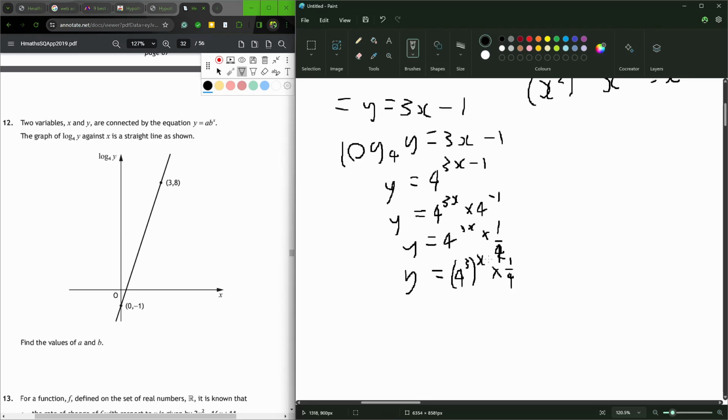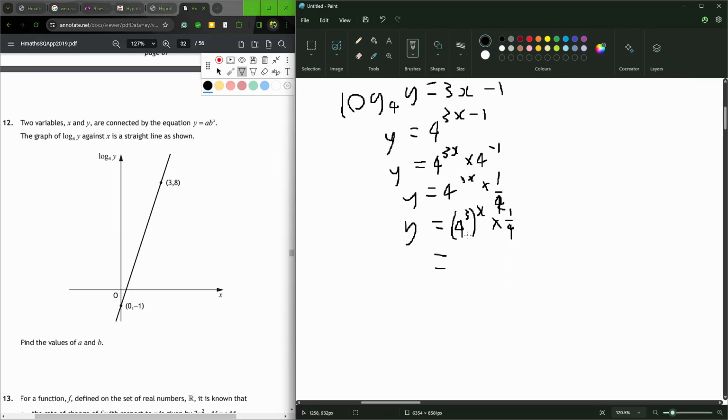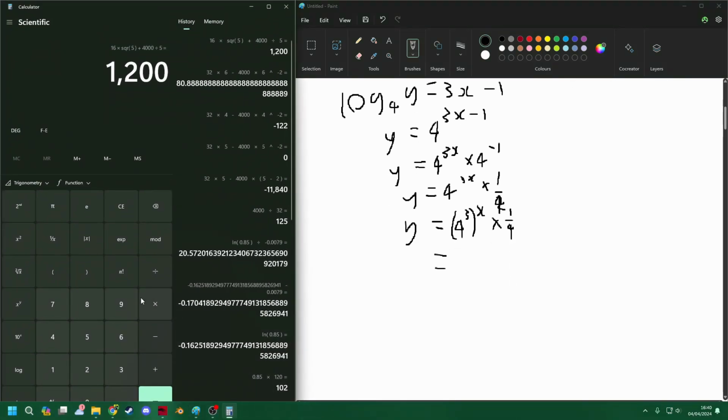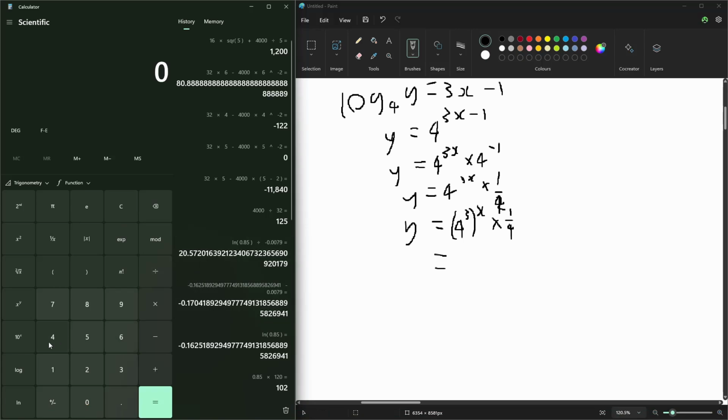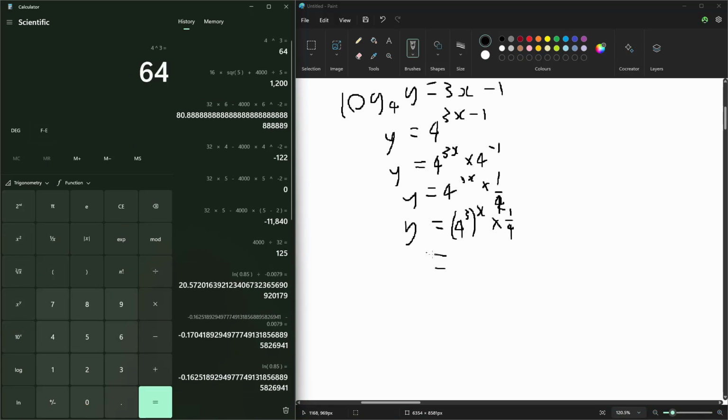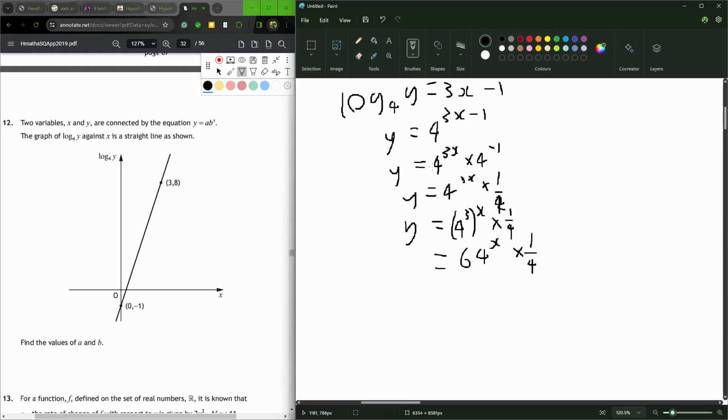And what was 4 to the power of 3, I could probably remember, it's 64, but I'll just prove it to you. Yep, so 64 to the x times 1 over 4. There we go.